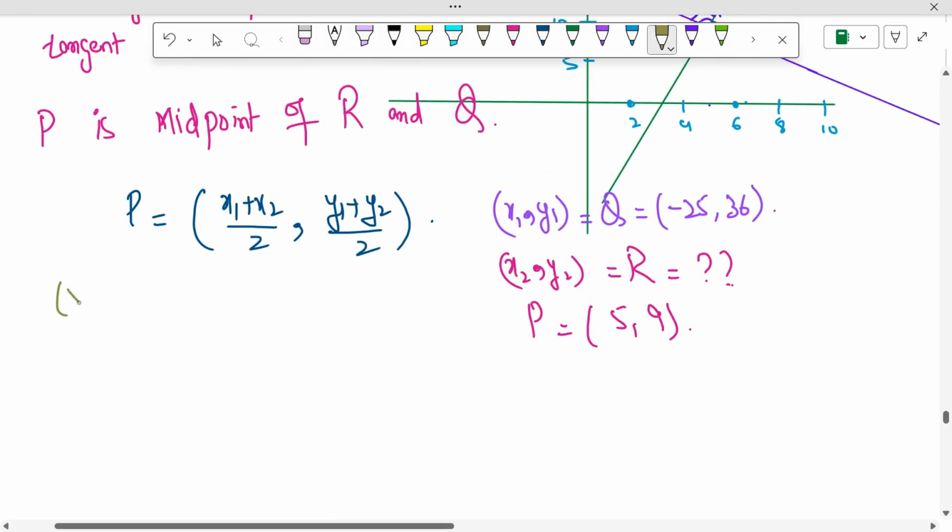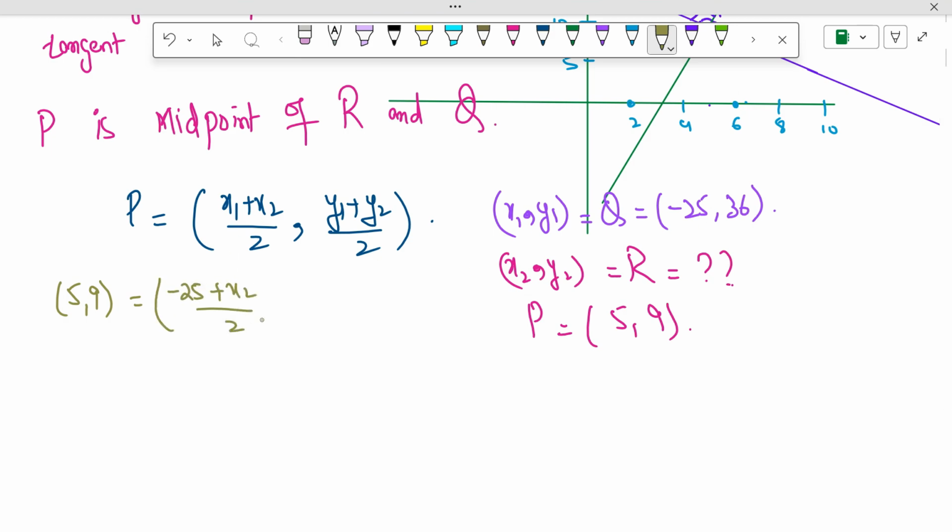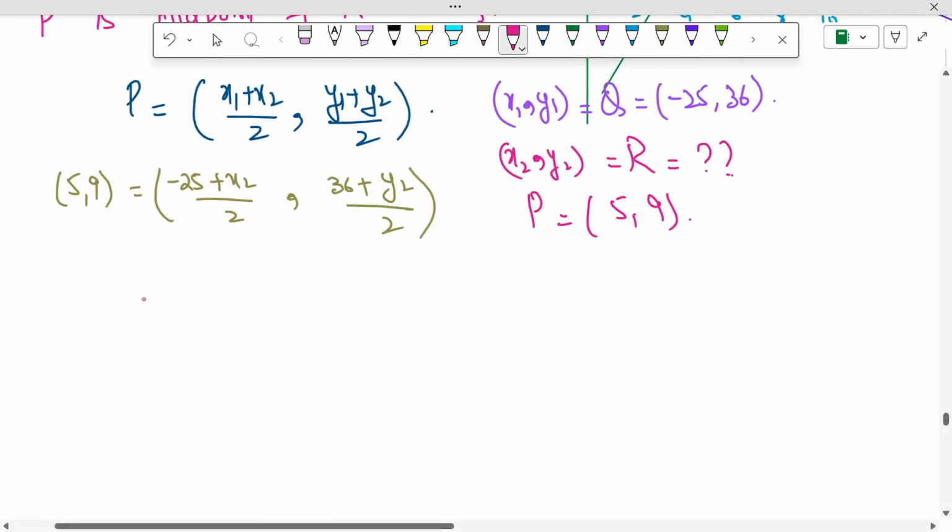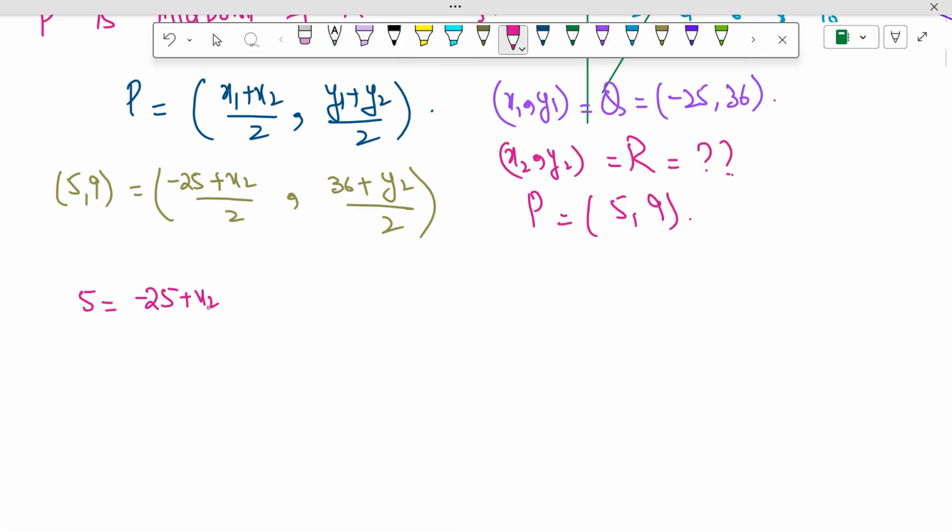So P is (5, 9), which equals x1 plus x2 over 2, where x1 is negative 25, comma, y1 which is 36 plus y2 over 2. Comparing the x coordinate and y coordinate, we will have 5 equals negative 25 plus x2 over 2 and 9 equals 36 plus y2 over 2.